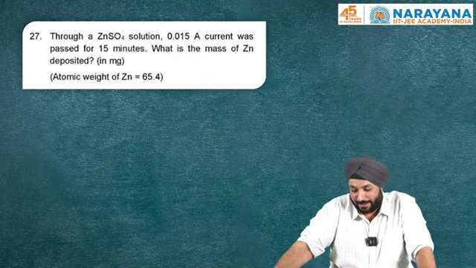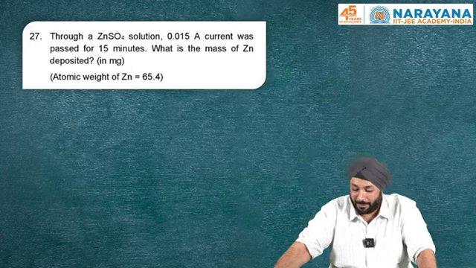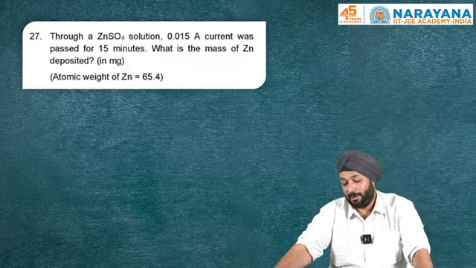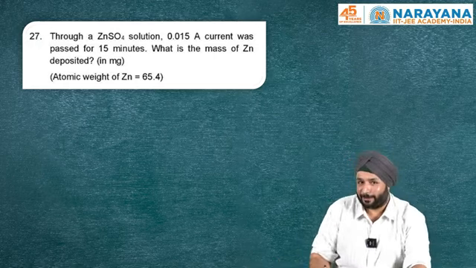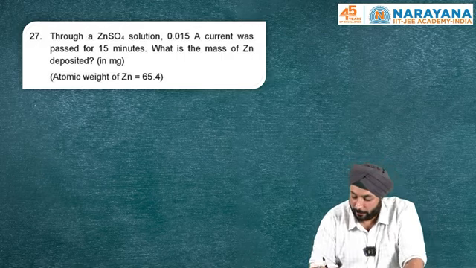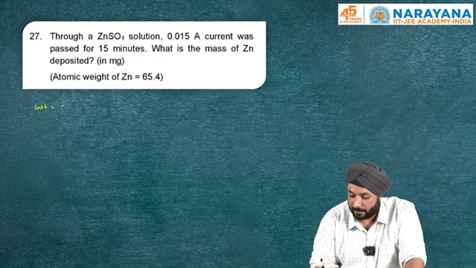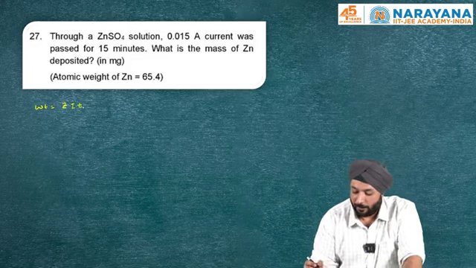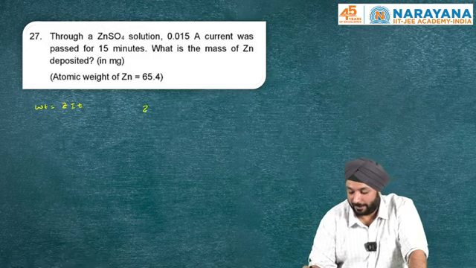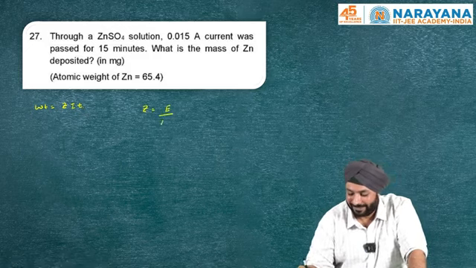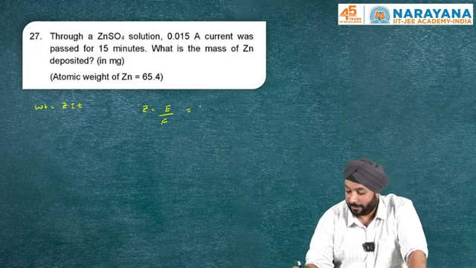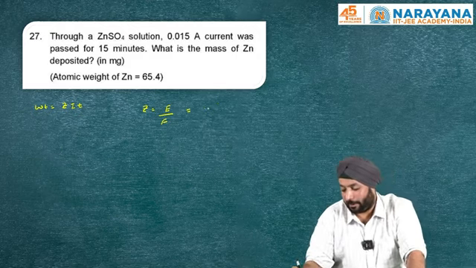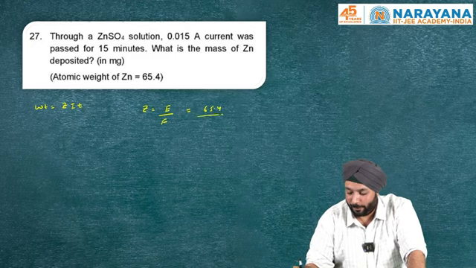Now question number 27. Through a ZnSO4 solution, 0.015 ampere current was passed for 15 minutes. What is the mass of zinc deposited in milligrams? It's a very simple question based on Faraday's first law of electrolysis. W is equal to ZIT, where Z is the electrochemical equivalent, Z equals E by F, where E is the equivalent weight, which is atomic weight by valency, that is 65.4 divided by 2, into 96500.